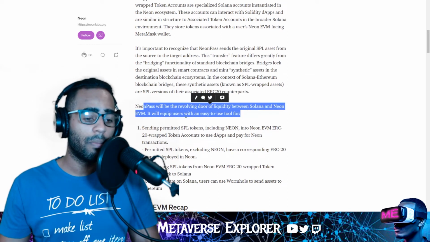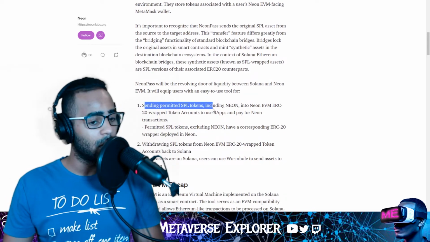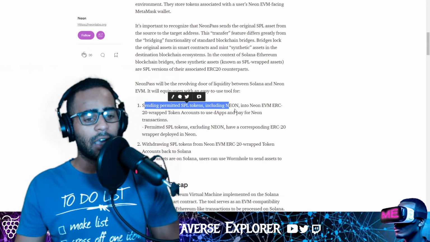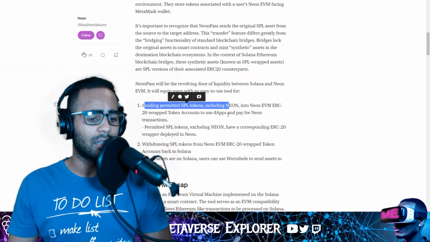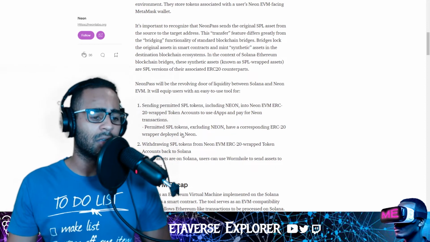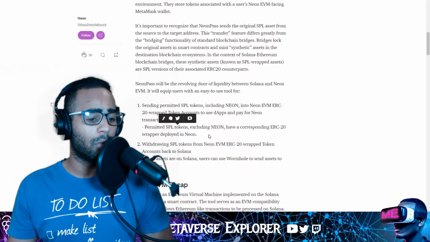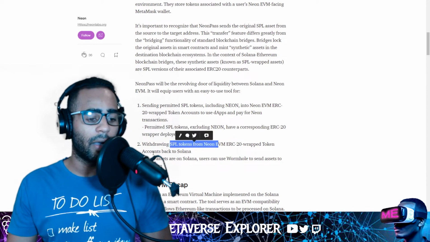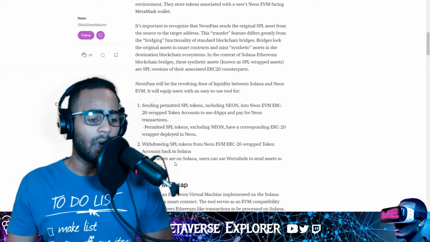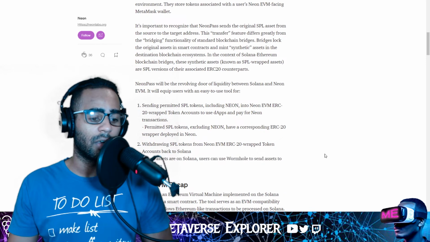It will help equip users with easy to use tools for sending SPL tokens, including Neon, so there is a Neon token, into the Neon EVM ERC20 wrapped token accounts to use in dApps and pay for Neon transactions. Permitted SPL tokens, excluding Neon, have a corresponding ERC20 wrapper deployed in Neon. There's also withdrawing SPL tokens from a Neon account back to Solana. And once assets are on Solana, users can use Wormhole to send assets to Ethereum.